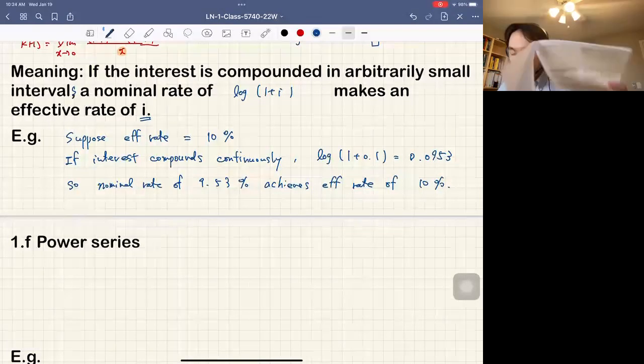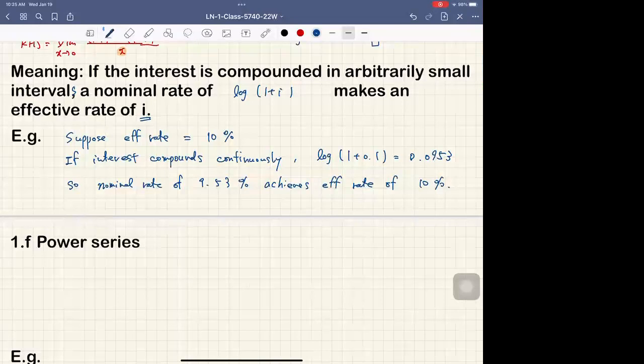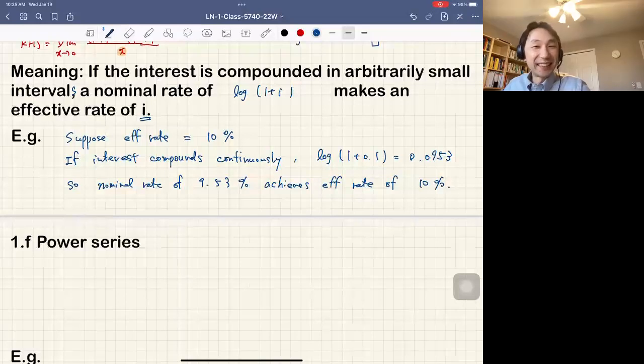Okay, next we have the power series. I don't know, when did you take MATH 2020? Last year, two years ago, a hundred years ago? Anyone? Okay, two years ago, three years ago. Kenneth, what did you say?